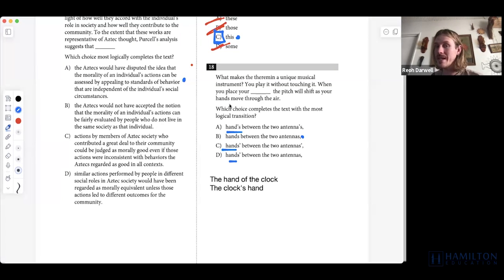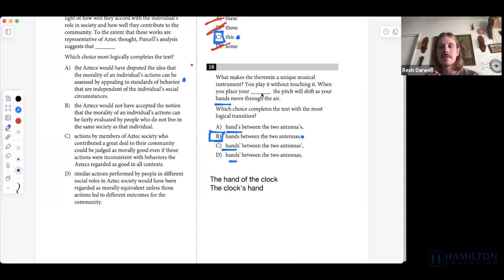One thing to notice is that hands is somewhere else in the sentence without any apostrophe showing possession. So hands is just plural. When you move your hands, hands that you possess, the hands aren't possessing anything else.